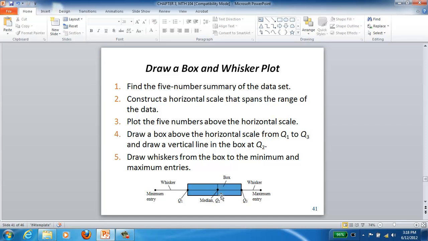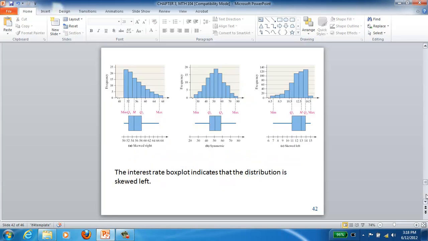We draw a line in the middle for the second quartile, and then the whiskers show the minimum and the maximum data value. And this is how the distribution looks based on the box and whisker plot. This is skewed to the right, this is symmetric, and this is skewed to the left.